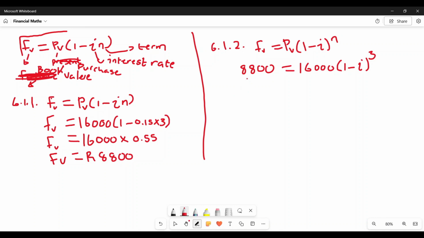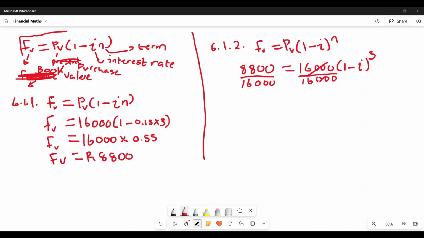So to solve this, we can go ahead and divide here by 16,000. Also divide on our right hand side by 16,000.